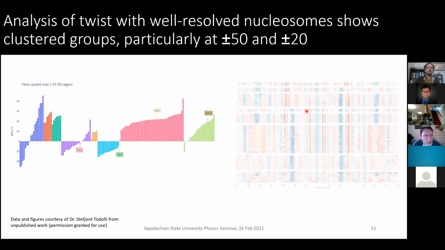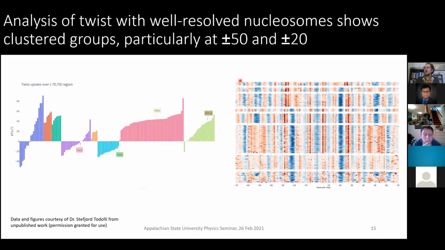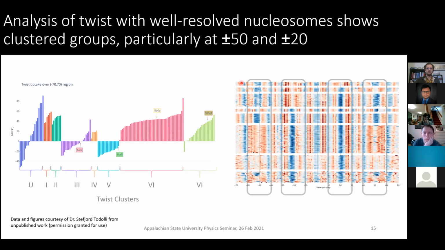He went deeper and looked at how the individual bases have these degrees of superhelical change, and noticed that they organize themselves into different clusters. At certain positions, such as negative and positive 20 and 50, there are clear demarcations that occur in these nucleosome configurations that give us these twist cluster groups.